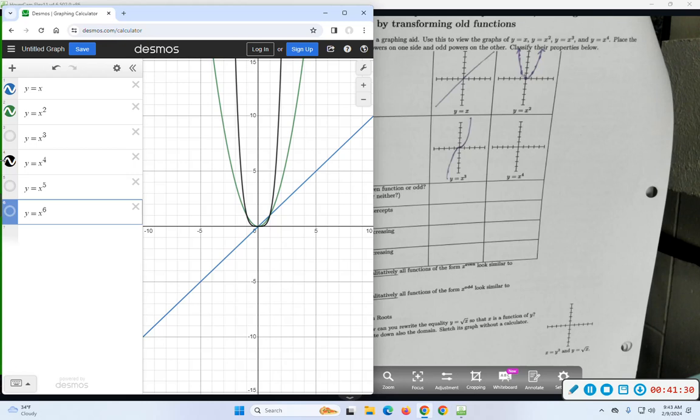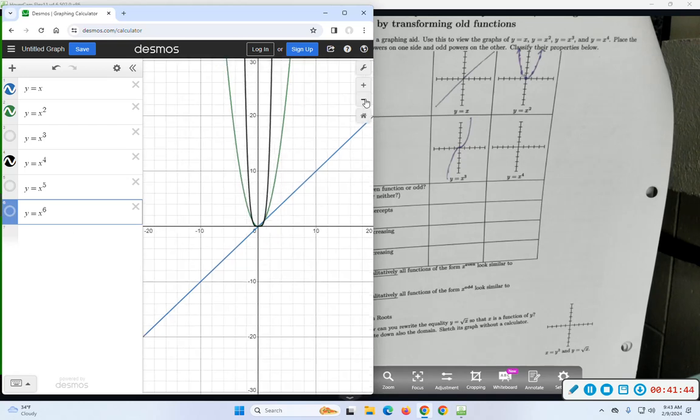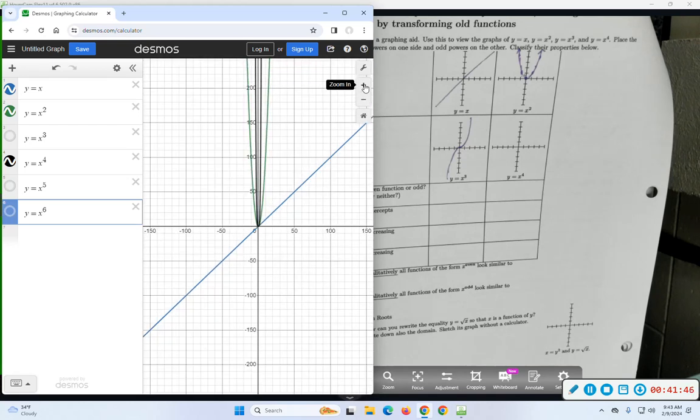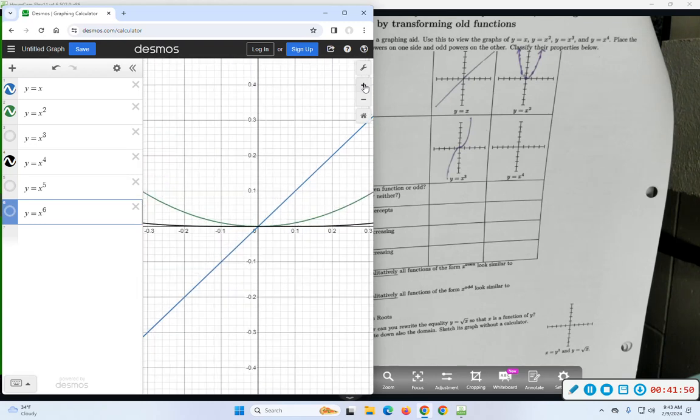How does that compare with x squared? It's wider close to the origin, and then narrower farther away. If I zoom out a lot, for big x values, then the black curve looks way narrower than the green curve. But if I zoom in real close, the black curve looks wider.